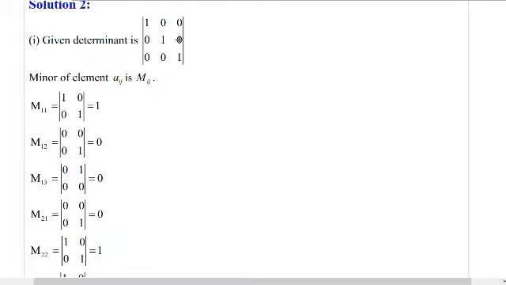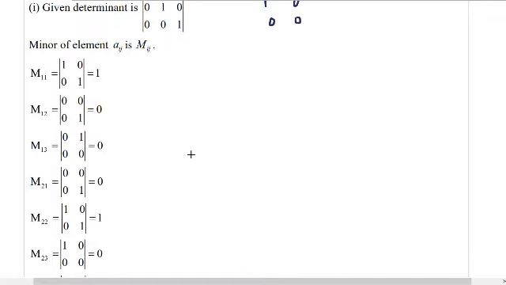And now hiding this element 0, which is A23, by row and column, I'm left with the elements 1, 0, 0, 0. If I solve it, it will be 0 minus 0, that is 0. So M23 is 0.